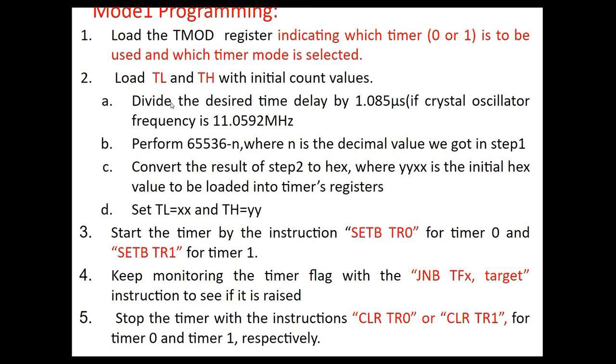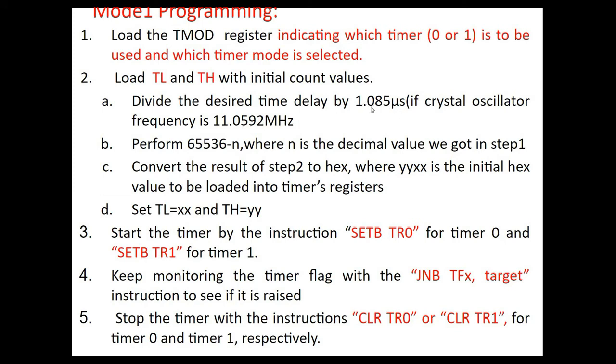For this we have the following steps. First, we divide the desired time delay, whatever delay is asked in the program or what delay we need to generate, by 1.085 microsecond, which is the timer's clock period if the crystal oscillator frequency is 11.0592 megahertz.